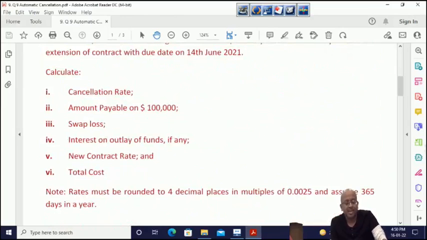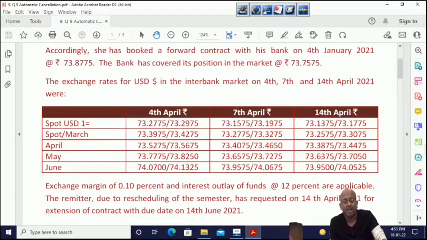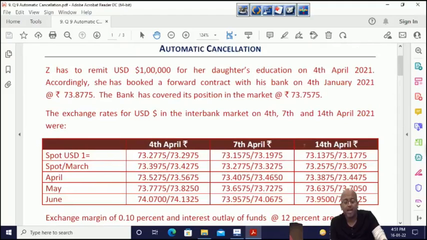Next, fourth question: interest on the outlay of funds. We have to find out the net outflow for SBI on 4th April. On 4th April, SBI purchased from ICICI Bank at the old contractual rate of 73.7575. That's an outflow.